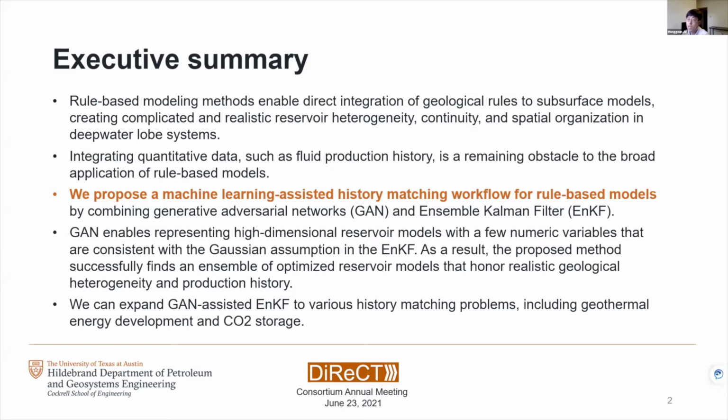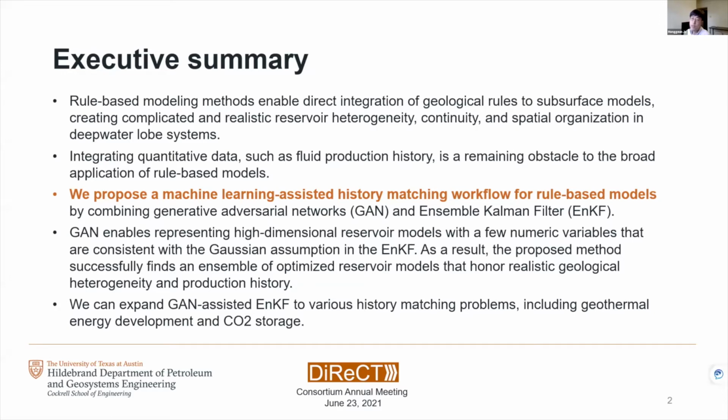Rule-based modeling methods enable direct integration of geological concepts, which is really good. However, there are some limitations in data conditioning. That's why we propose a machine learning assisted history matching workflow for rule-based modeling by combining the GAN, Generative Adversarial Network, and the Ensemble Kalman filter, EnKF.